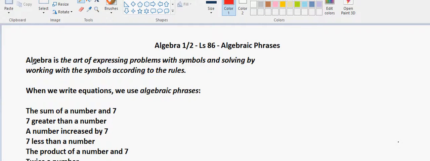And that's really what this phrase from page number 269 is attempting to say. Algebra is, read the italics as I go, the art of expressing problems with symbols and solving by working with the symbols according to rules. Okay?